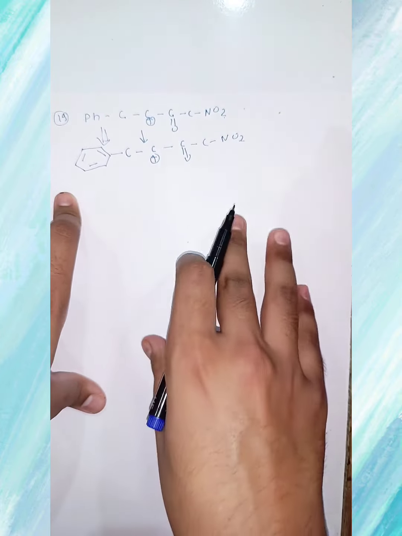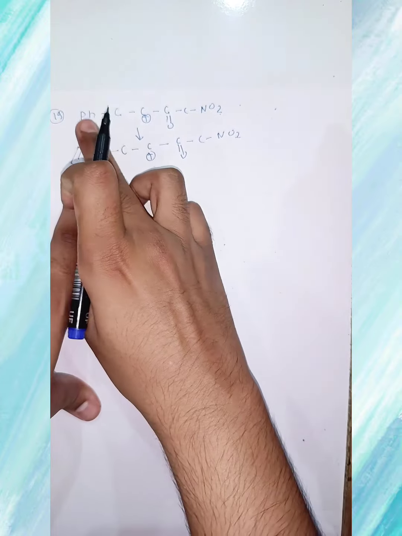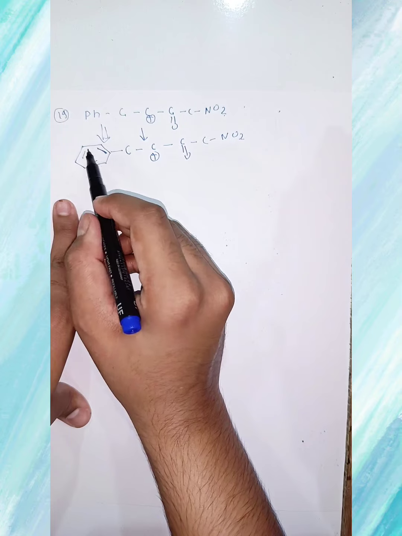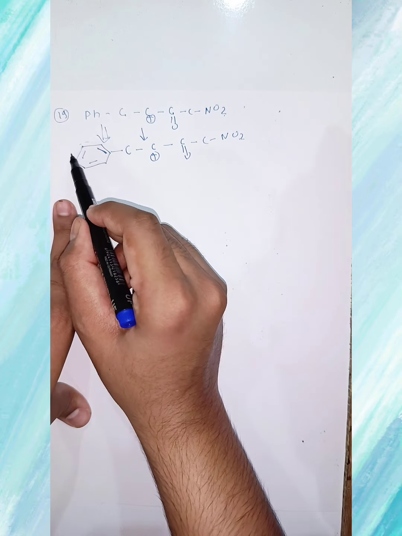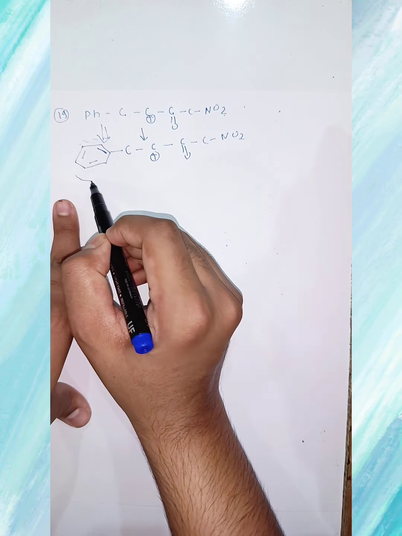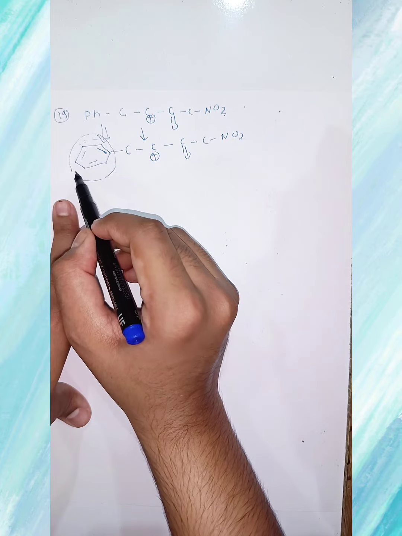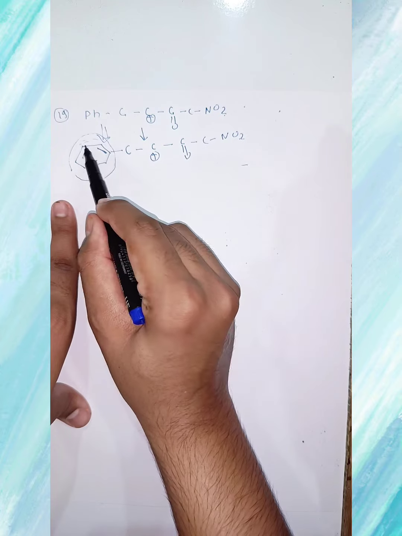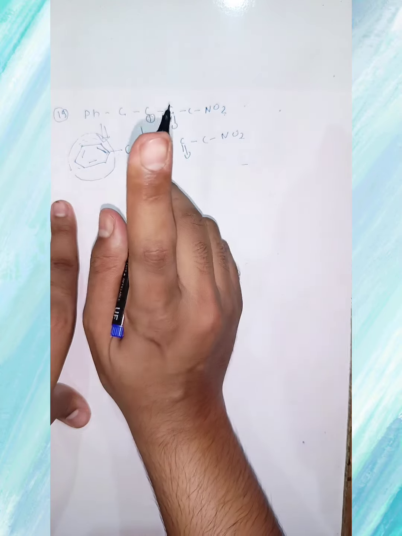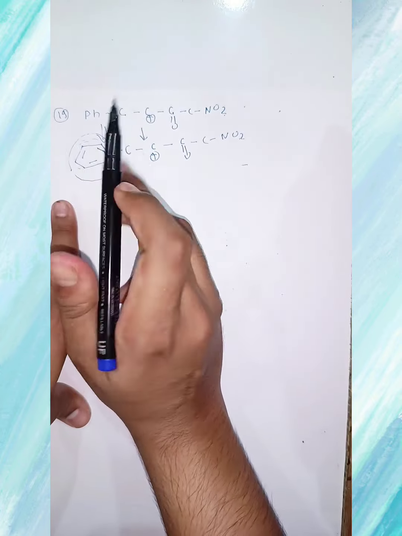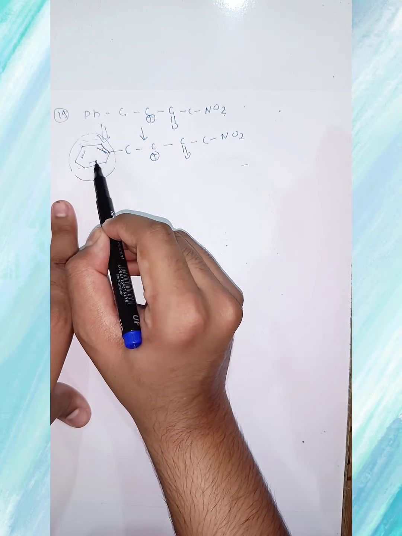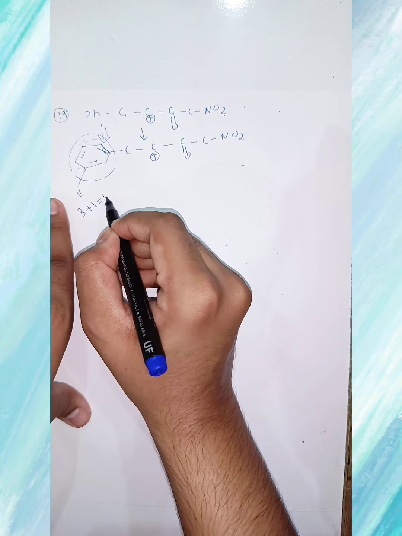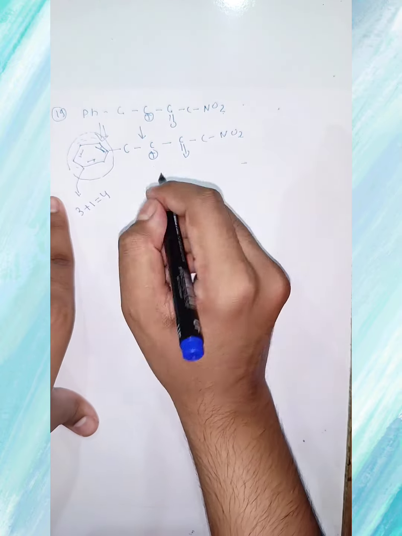So let us calculate its DU. Don't miss this: phenyl is a charged species. First of all, let us calculate the DU of this ring, because we have to calculate the DU of this whole compound. Since one ring is present, DU will be 1, but 3 double bonds are also present inside this: 1, 2, 3. So total DU will be 3 plus 1 is 4. We are following the counting method only.